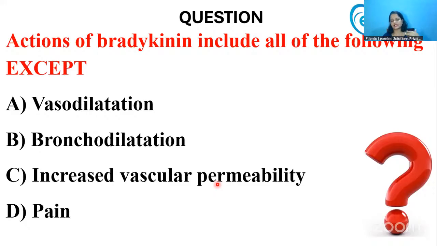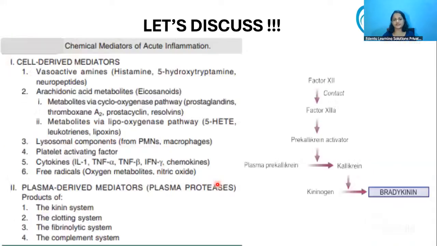So they are called the chemical mediators of inflammation. These chemical mediators can be produced from cells like the mast cells or platelets, or inflammatory cells like neutrophils or macrophages can all release their mediators. So they can be cell-derived mediators, that is, the ones that are produced from the cell.